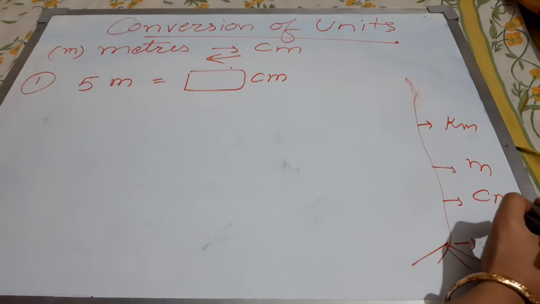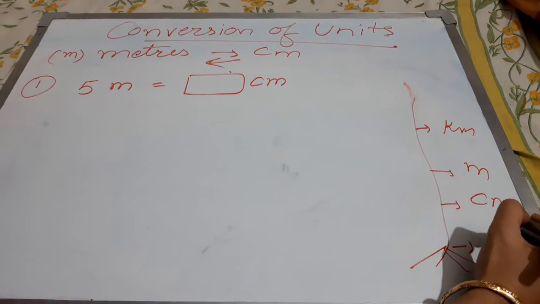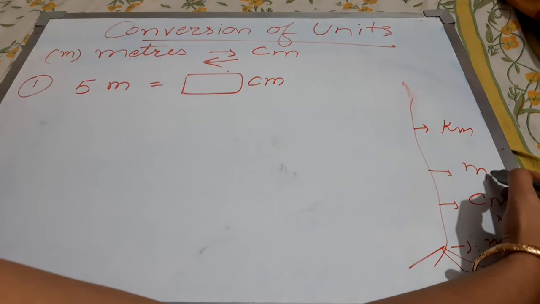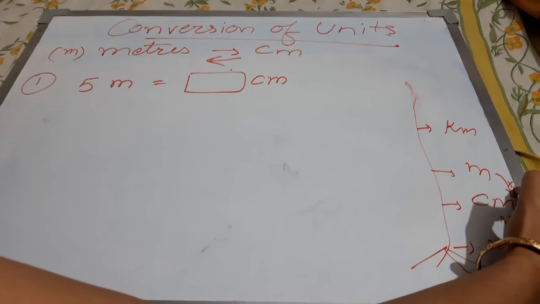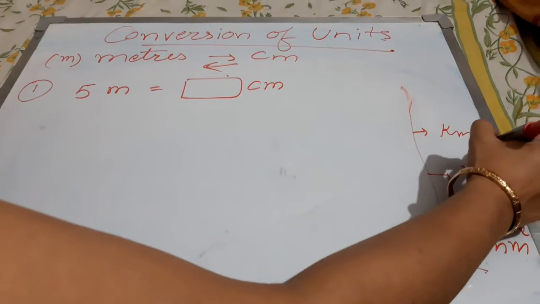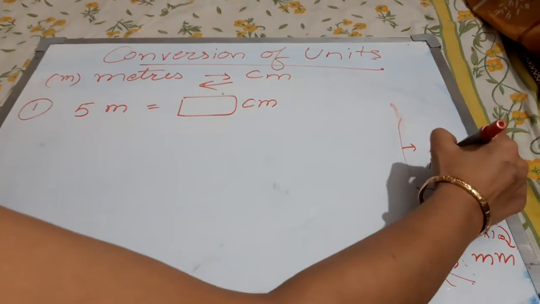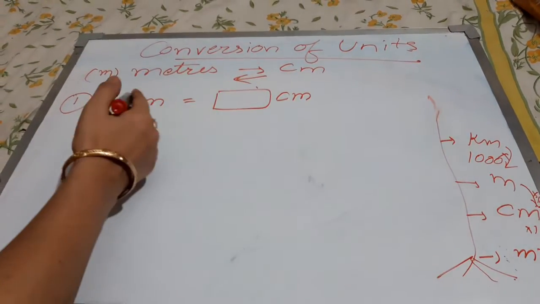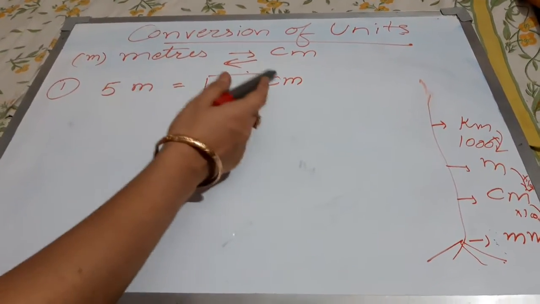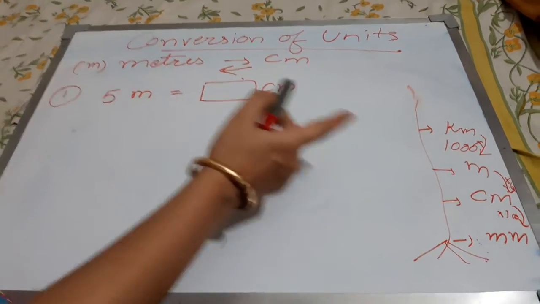Centimeter is 10 times millimeter, meter is 100 times centimeter, and kilometer is 1000 times 1 meter. So this way you can memorize the relationship, and if a question comes, we just use it.